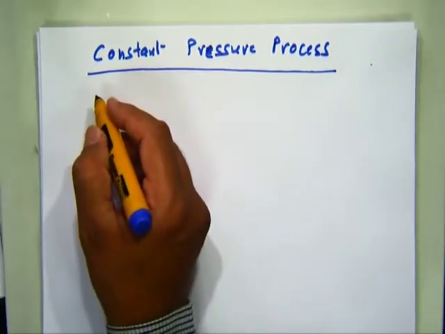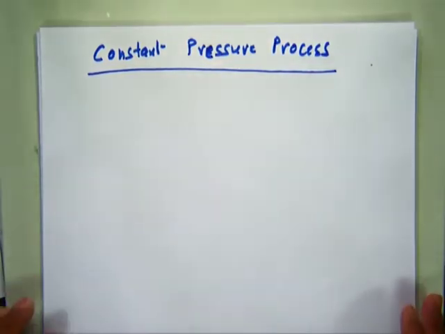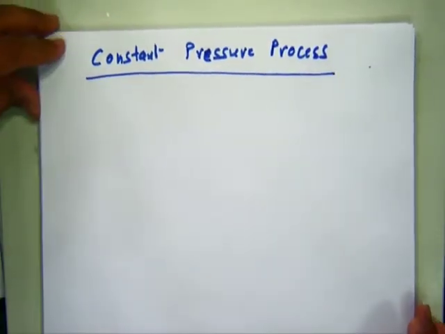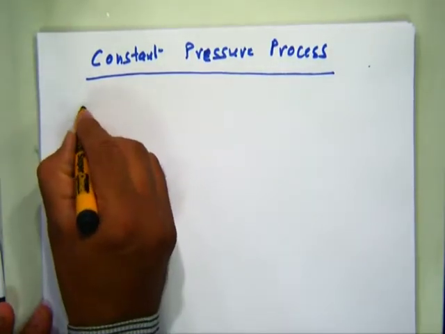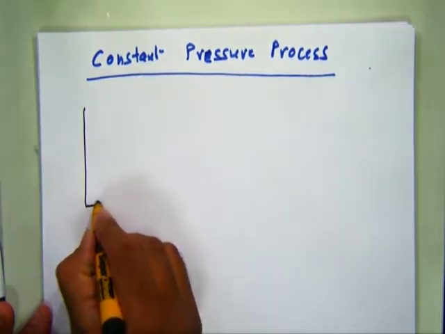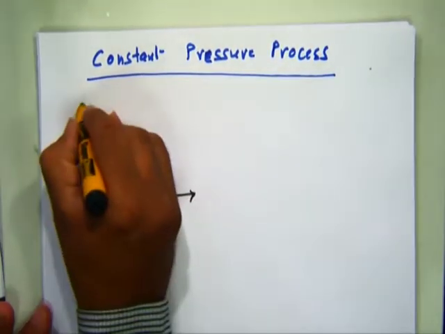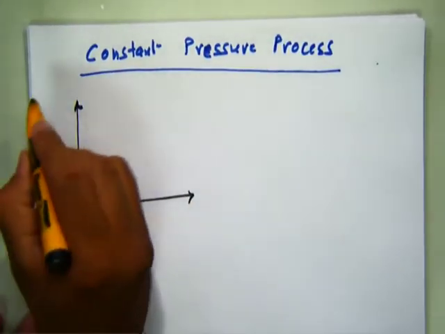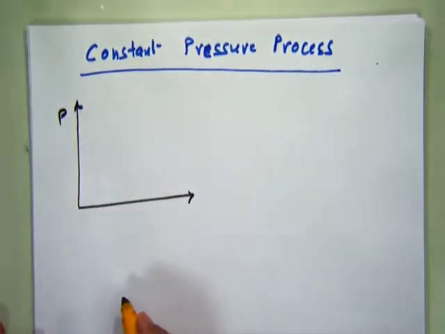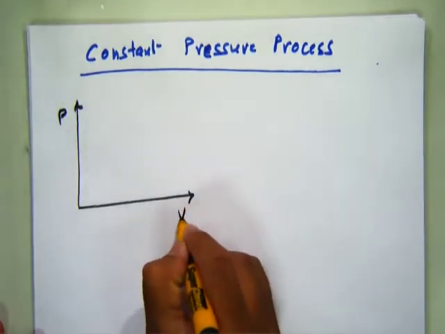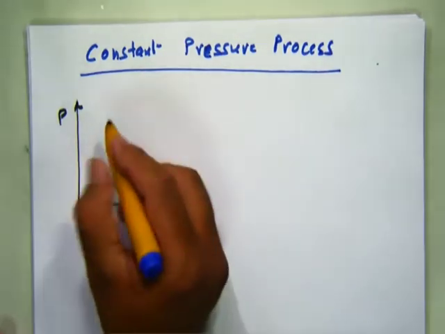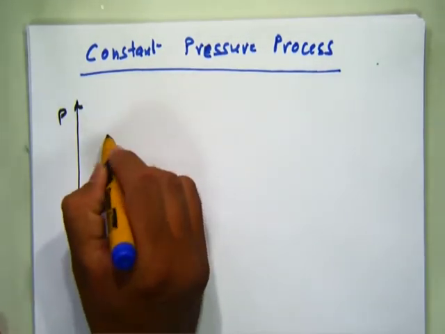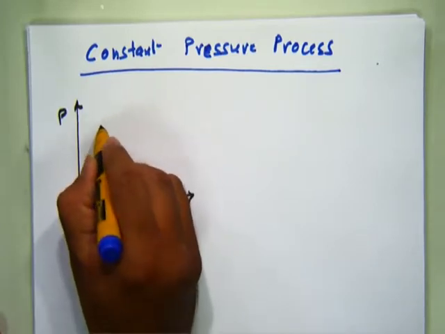So, in a constant pressure process, first we will understand it on the PV diagram. This is P, this is V, volume. The process starts from this point. Let us say it is point 1.